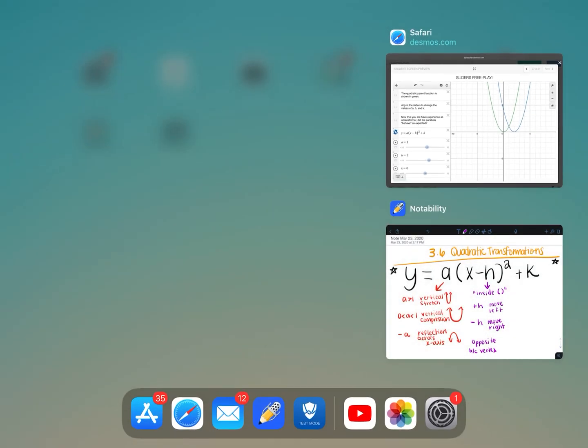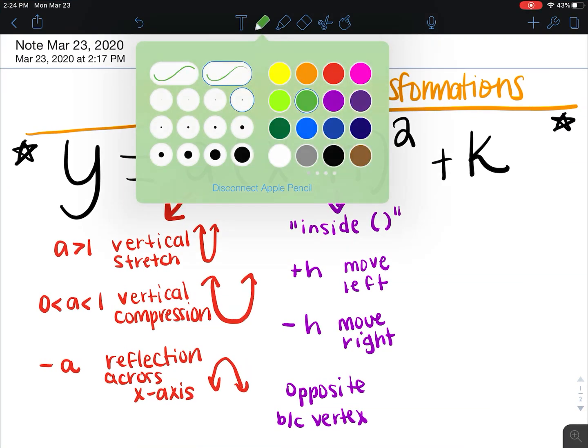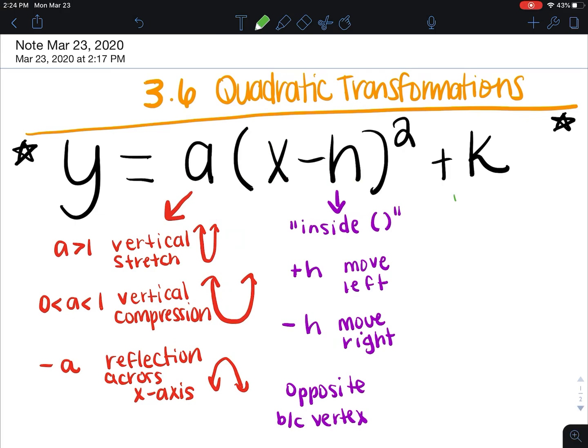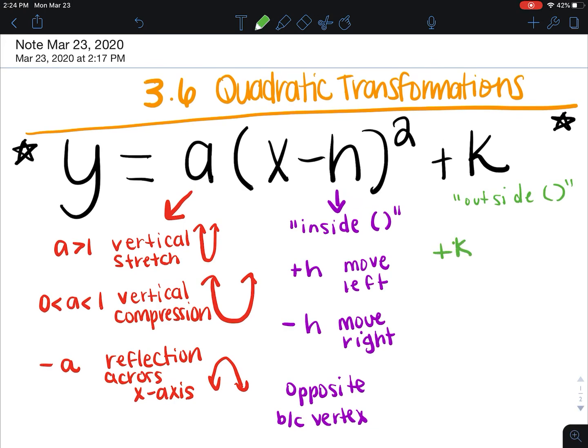Okay, so that's H, and then the last one is K. K is the number outside the parentheses. If it's a positive K value, we're going to move the graph up. And if it's a negative K value, we're going to move the graph down.